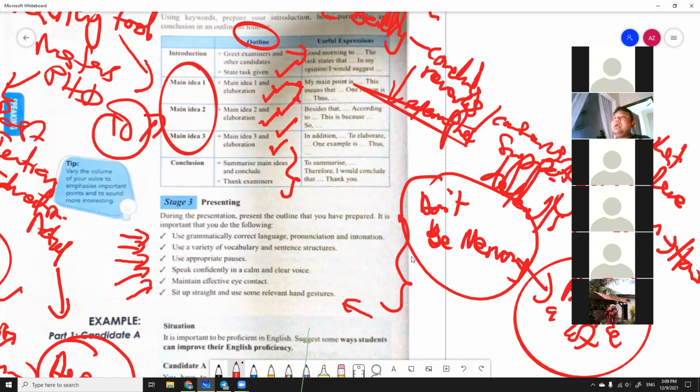That's why what I strongly believe is the only way you can actually be more confident when you speak up is you need to have the content. You need to have the substance when you are presenting an issue. So before I train you, before I ask you to practice speaking, I would want you to come up with your ideas first.